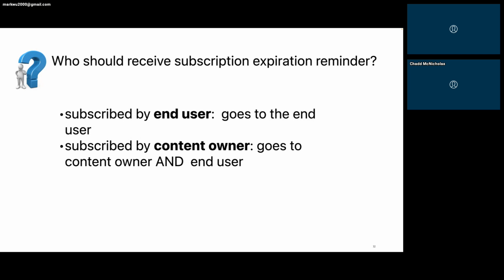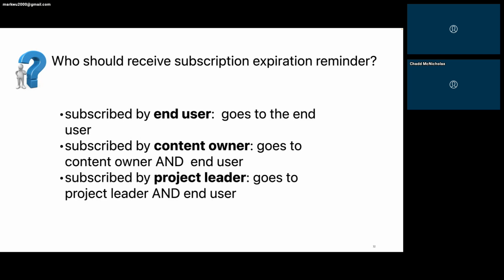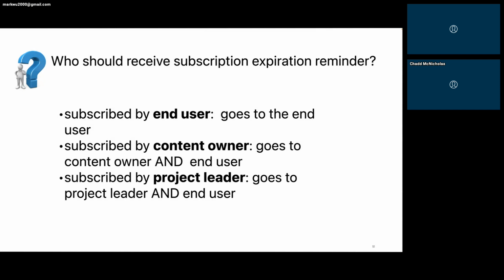Then the notification will go to the content owner and the end user. I want the end users to be aware as well. Similarly, if it was subscribed by the project leader, it goes to the project leader and end users. Or you can define whatever logic you want.